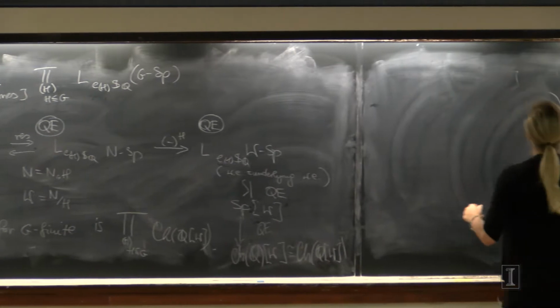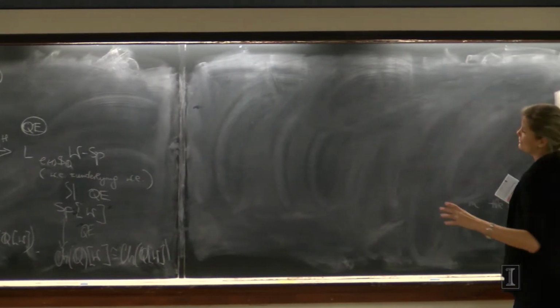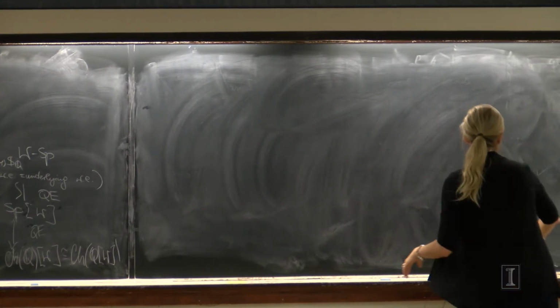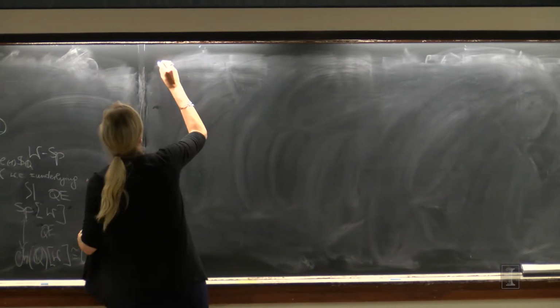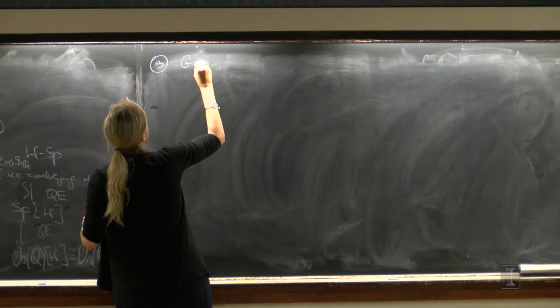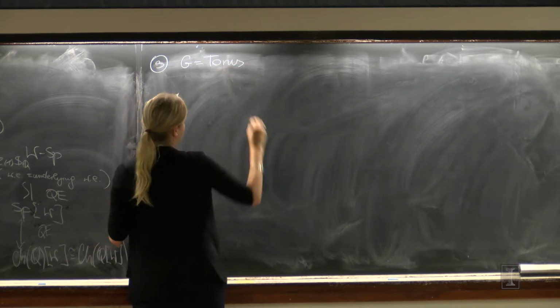The next one up, we're not going to do all of them one by one, but the next one that we're going to consider is the case where G is a torus, any rank torus.